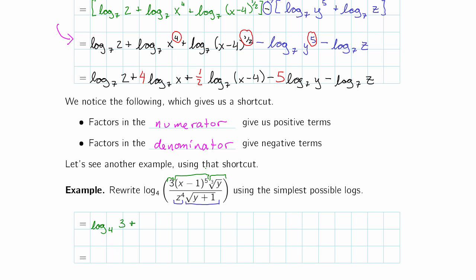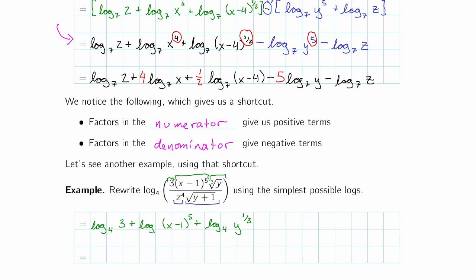The second factor is x minus 1 all to the 5th, so we'll have a log of x minus 1 all to the 5th. The third factor is a cube root of y. That means y to the 1/3. So we'll have a log of y to the 1/3. So those are all positive terms coming from the numerator.